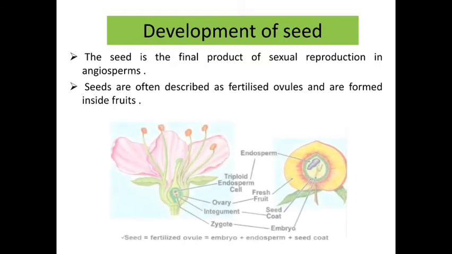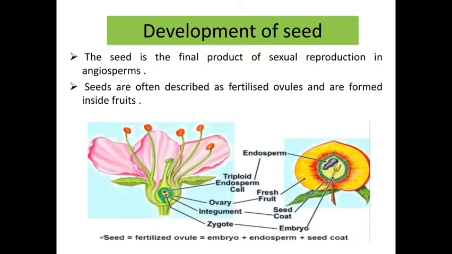Okay, now look at the diagram. Here a flower is shown, and from different parts of the flower, how the fruit or the seed formation has taken place. Can you see? We have already learned about the parts of a flower.